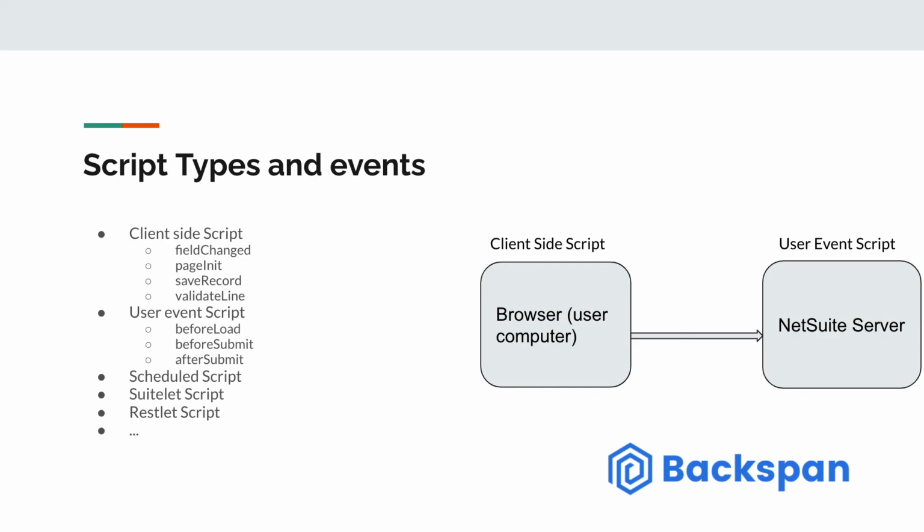For example, after I save a sales order, I want to then notify the customer that the sales order has been created. You don't want to notify the customer before submit, because what happens if something goes wrong and it doesn't actually save, right? So you would do it in after submit, which means after everything is saved, then the after submit would execute and, for example, email the customer.